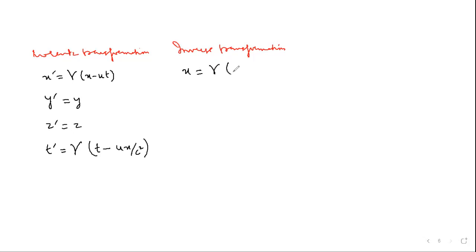Now inverse transformations will be x is gamma times x prime plus ut prime, to replace u by minus u. So it's gamma times x prime plus ut prime, y is y prime, z is z prime, and t is gamma times t prime plus ux prime by c square.